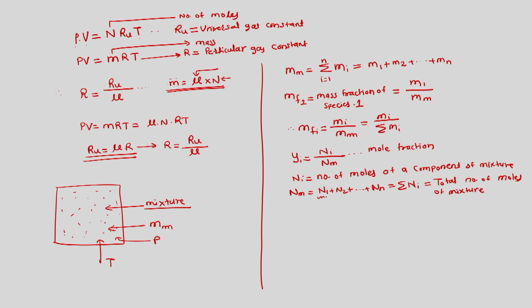So N1 is the number of moles of the first component, and that divided by the number of moles of the mixture gives us the mole fraction of the first component.